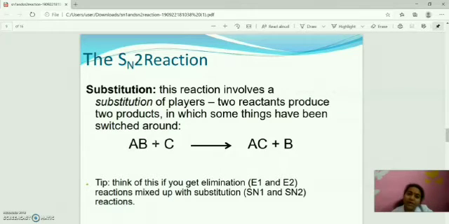Nucleophiles have negative charge, so if a negative charge attacks the carbon having partial positive charge, then the valency of carbon will change, so there should be the leaving of this halogen, isn't it? Here you can see AB plus C gives AC, so it is acting as a substitute player. If this substitute player attacks here, this main player will leave. So we'll get AC plus B.